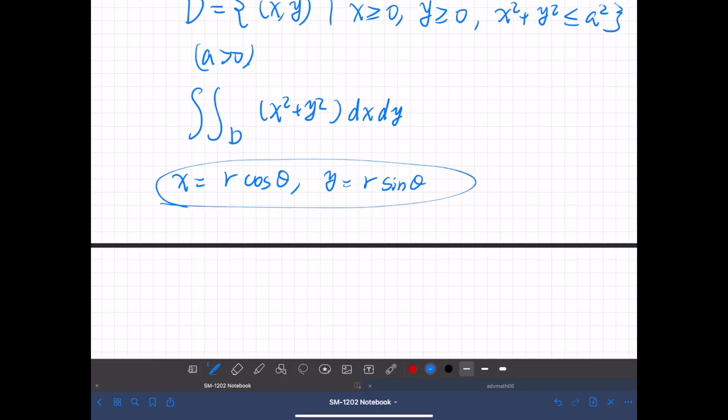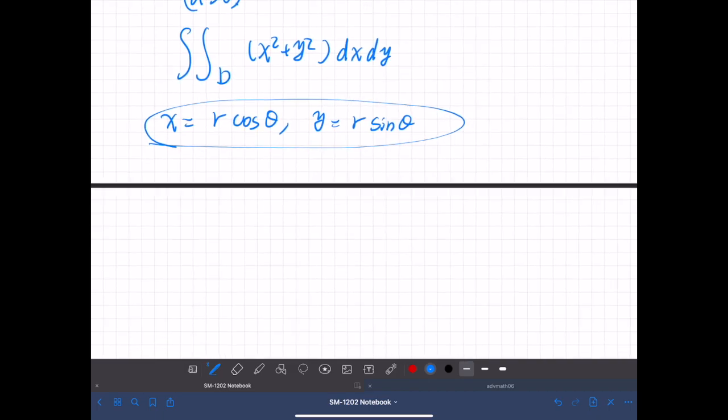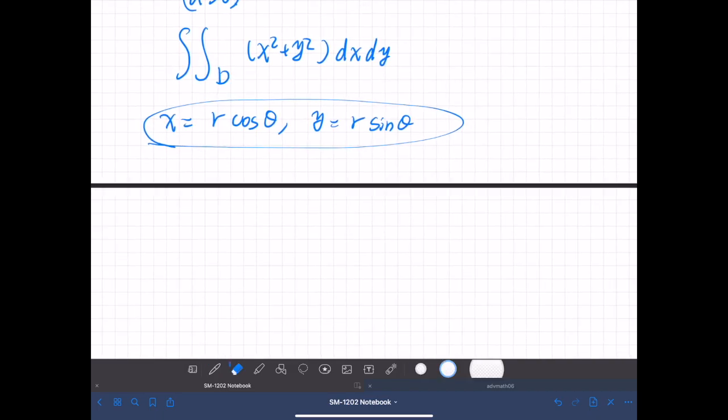If we use the polar coordinates, we have this dx dy part, which is like r dr d theta. This r comes from the Jacobian.